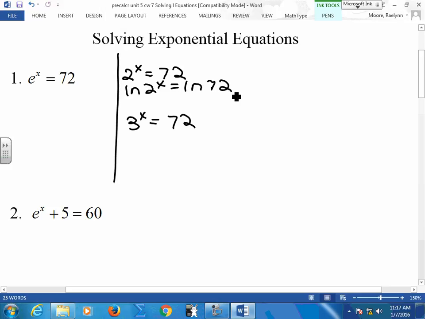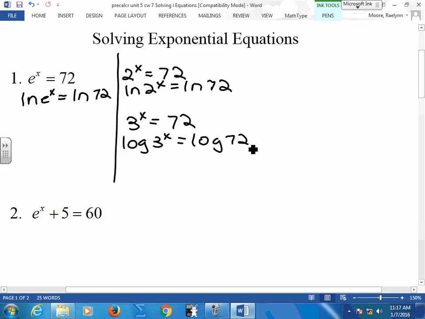Same thing over here. I'm going to take the ln of both sides because with the e, I have to use ln. I could say log over here, but I'm just saying ln. I could say log here too. So they all work the same, right? It's just with e, you have to use ln. So now I can apply your power rule and pull this exponent down. And I can pull this exponent down.